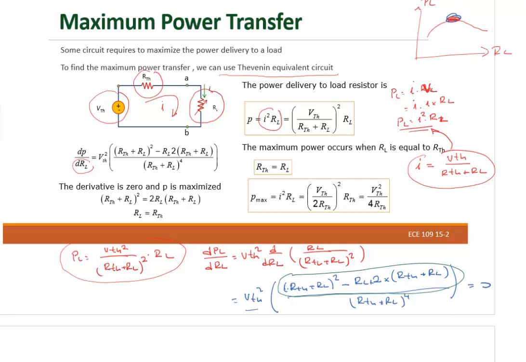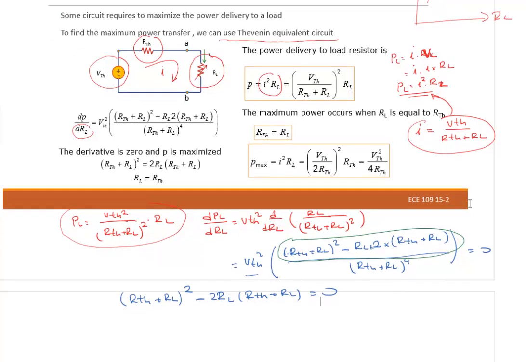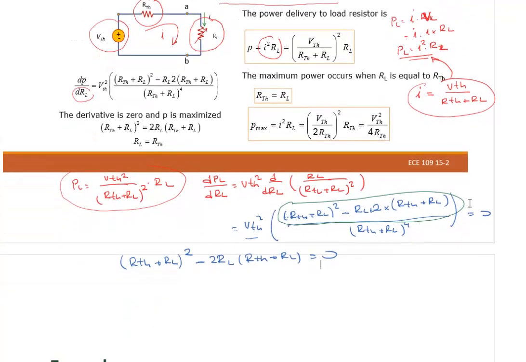So basically we can say (RTH plus RL) squared minus 2RL times (RTH plus RL) should be equal to 0.